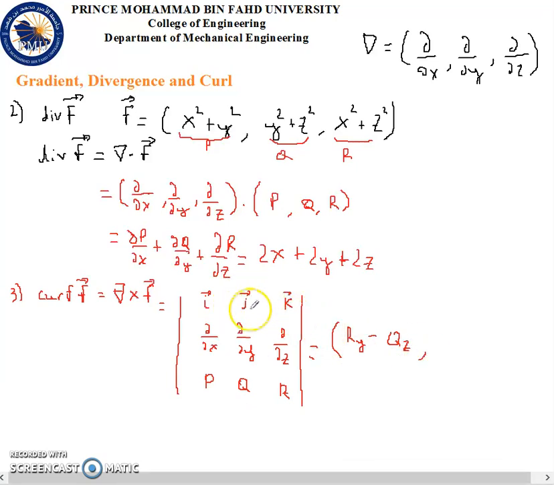On the j component, we'll have del P del z, so Pz, minus del R del x, Rx. And on the k component, we'll have del Q del x, so Qx, minus del P del y, so Py.